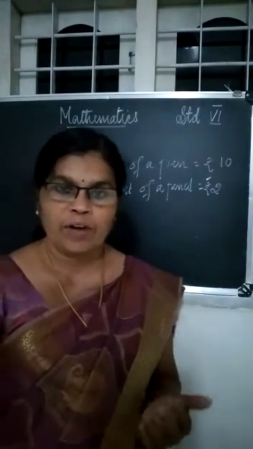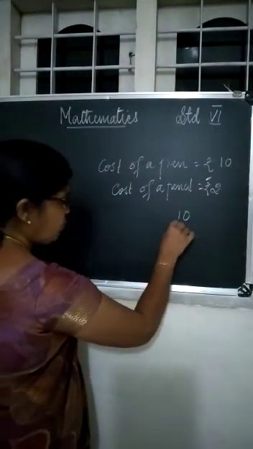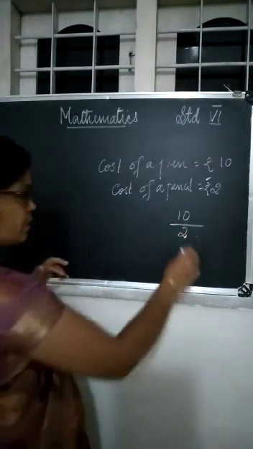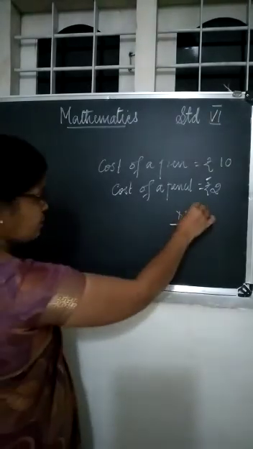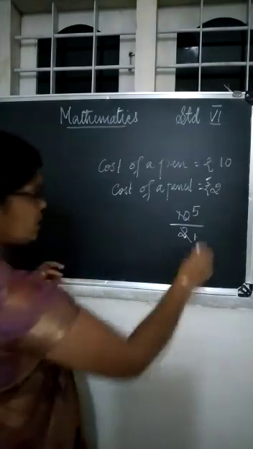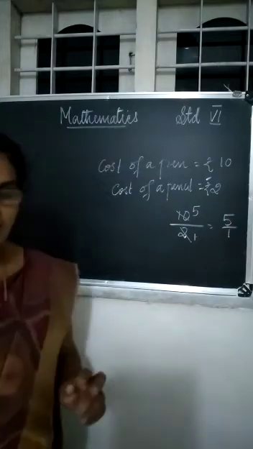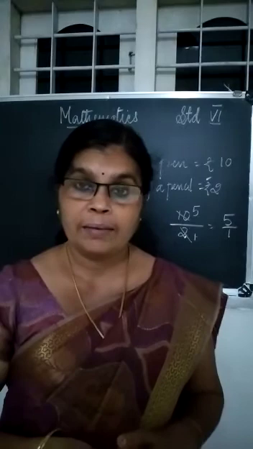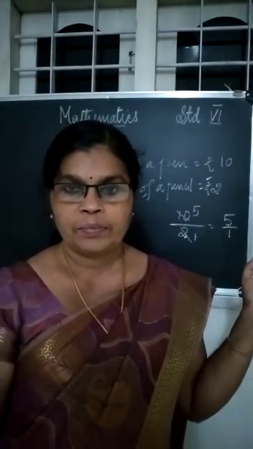Here also let us divide and see. Cost of pen 10 rupees divided by cost of pencil 2 rupees, then 10 by 2. When we cancel, 5 times 2 is 10, and here we get 1. That is equal to 5 by 1, and we can understand here the cost of the pen is 5 times greater than the cost of the pencil.